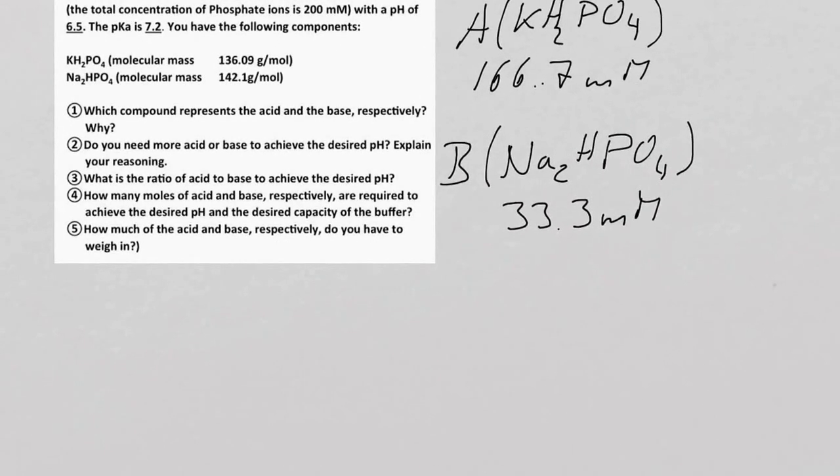Now for the last question, where we've been asked how much we need to weigh in, we need to make up our acid, that's the KH2PO4, as we said earlier, 166.7 millimolar, and we want to have 500 milliliters of that, and we have a molecular weight of 136.09. So for the acid, we do dimensional analysis.